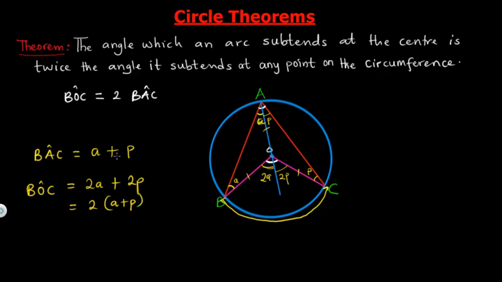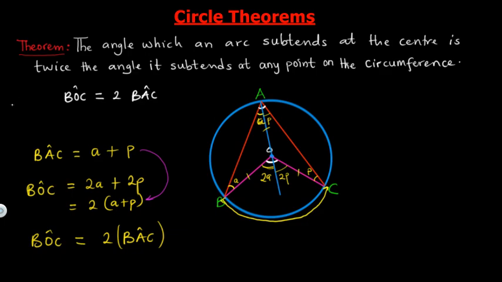So remember that this is A plus P. Then we can conclude that BOC equals 2 open bracket BAC.